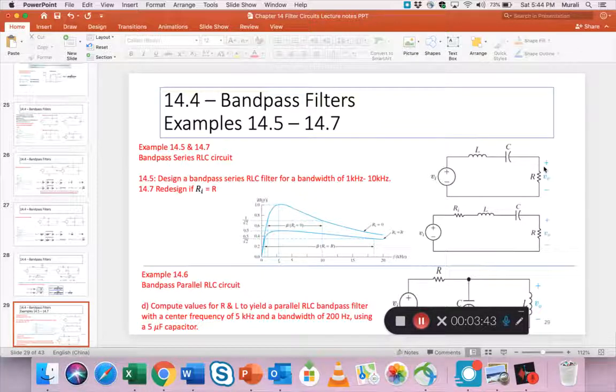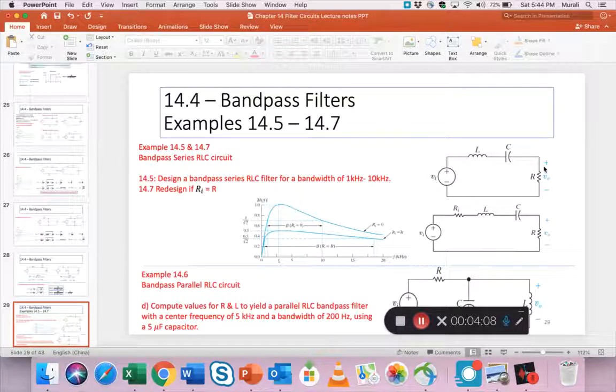The example is written in a nice way. It's on page 555 of the textbook, so if you have some time, take a look. Again, if you're interested in music, electronics, audio electronics, you might enjoy reading this example because it talks about the audio frequency band 0 to 20 kilohertz.